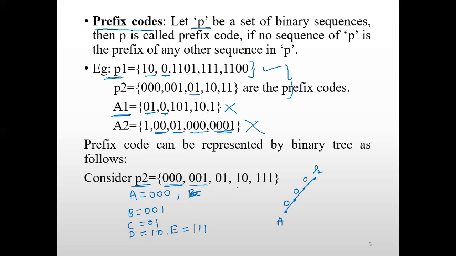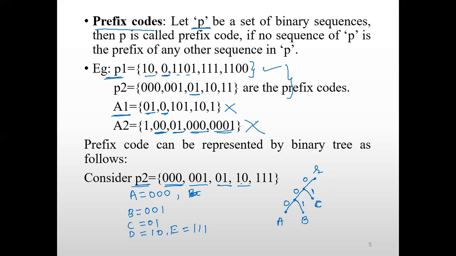Next sequence we have 0, 0, 1. So starting with the root 0, and again we have one more 0, and 1 will be the right child. So 0, 0, 1. Here we will have B. And the next sequence is 0, 1, starting with the root node 0, and here it is 1, that is C. And next we have 1, 0.